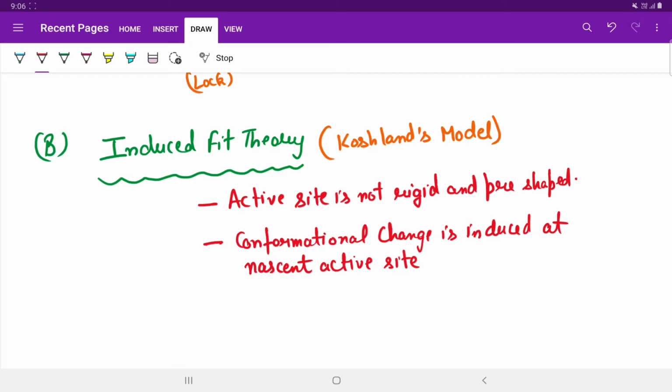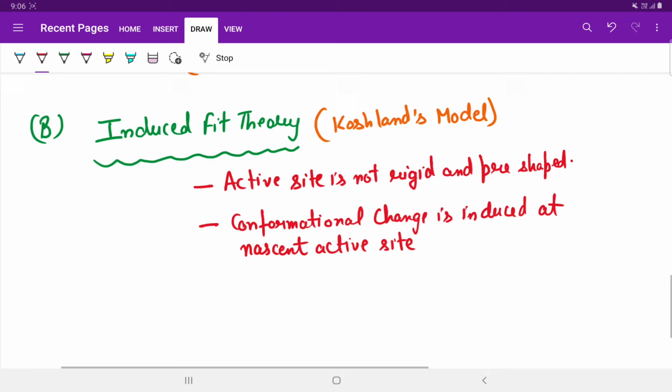So let us draw a diagram for this, to see how this induced fit theory works.